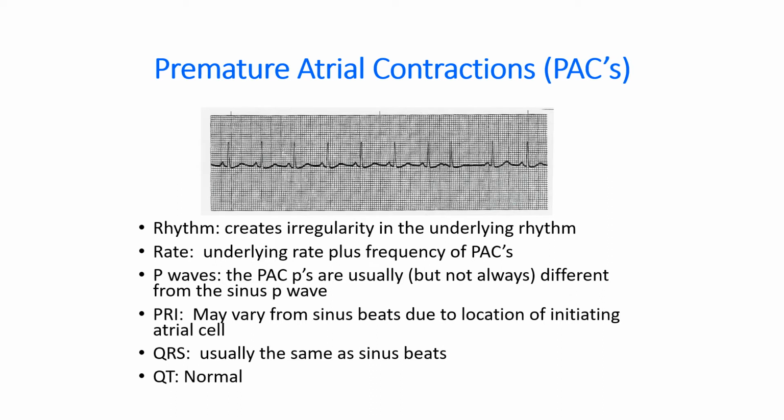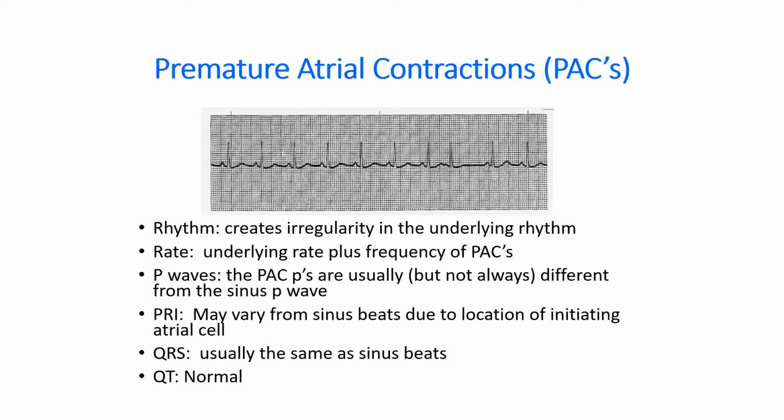A premature atrial contraction, or a PAC, it's common practice to describe the frequency of the premature beats, such as rare, occasional, frequent. Rare would be 1 to 3 per minute. Occasional might be 4 to 6 per minute, where frequent is greater than 6 per minute. What it does is it creates an irregularity.